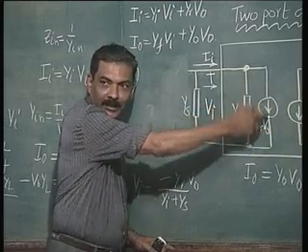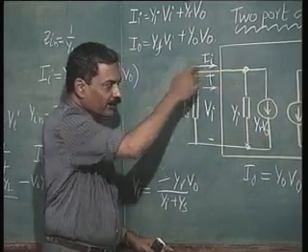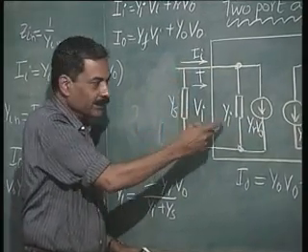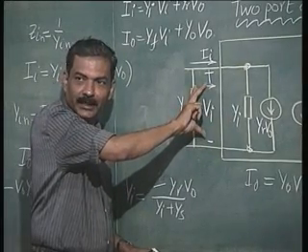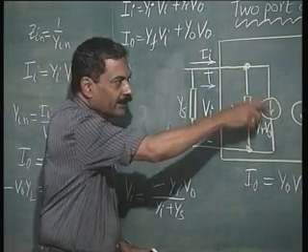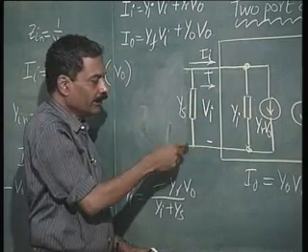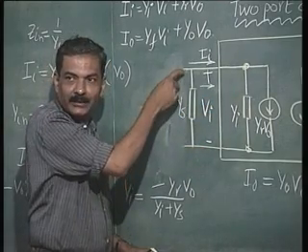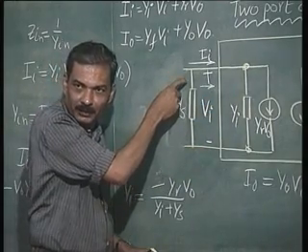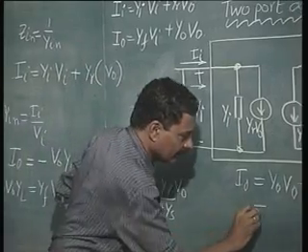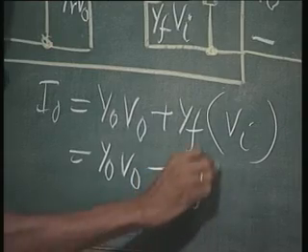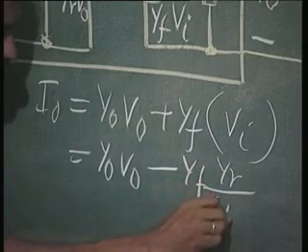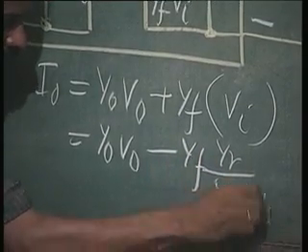YR into V naught is the current through this. This current is going to flow through the entire admittance, which is YI plus YS, and develop a voltage which is VI. Since the current direction is this way, the voltage is going to be plus and minus. That means there is a negative sign to be put, and therefore this is equal to Y naught V naught minus YF into YR by YI plus YS.